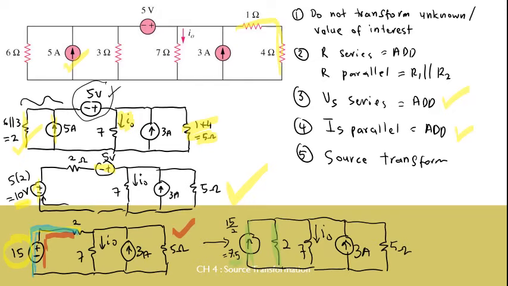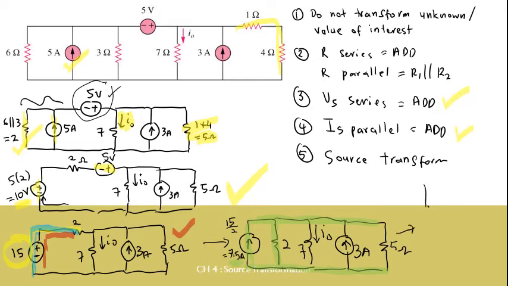Since all here they are in parallel, the 7.5 with the 3 amps here, you can add them together because they are currents, right?